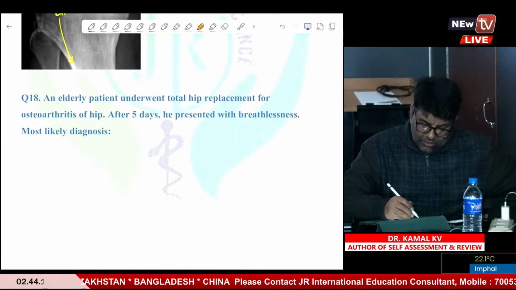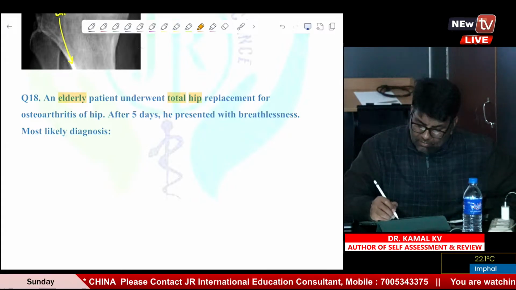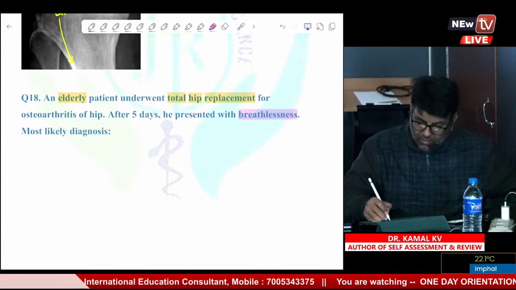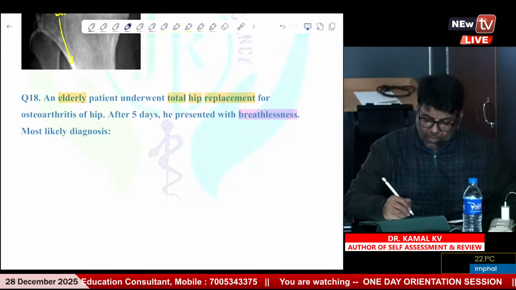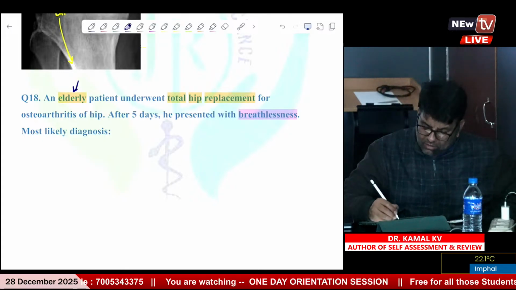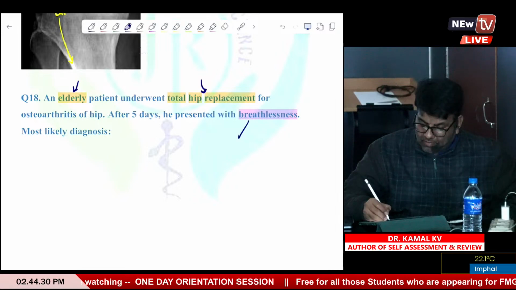An elderly patient underwent THR, is now having breathlessness. What is diagnosis? So here we can see this is an elderly patient who underwent long duration surgery, now is having breathlessness.